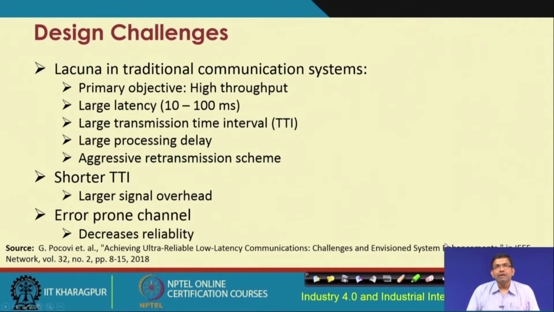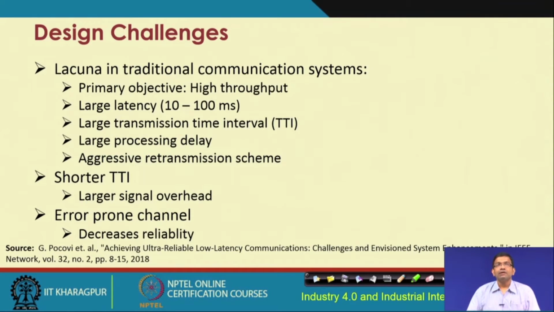Design challenges. There are different challenges with the traditional communication systems with respect to throughput, latency, and TTI. TTI is basically transmission time interval. The processing delay, TTI, and latency are all quite high, and the throughput is also quite high with the traditional communication systems.